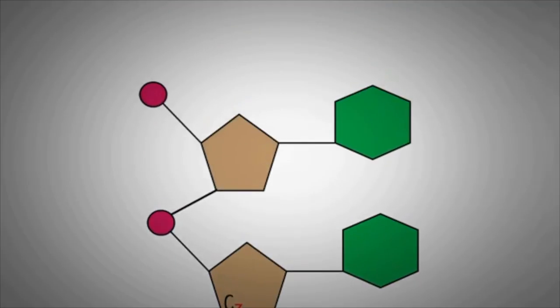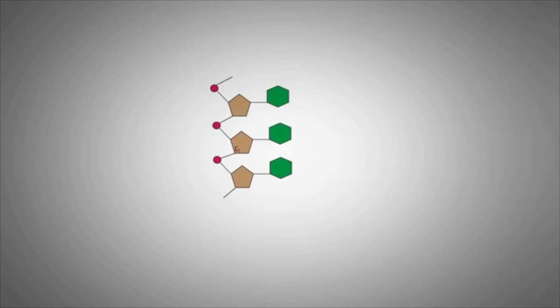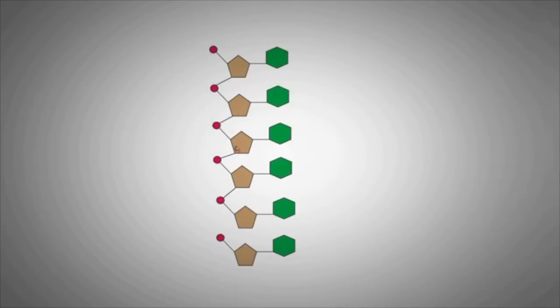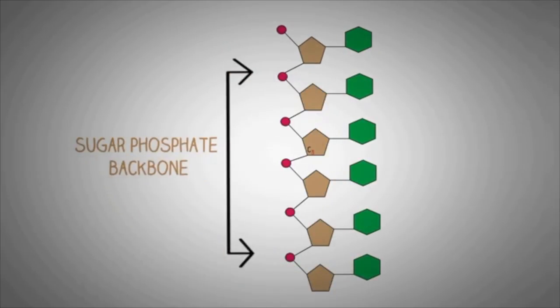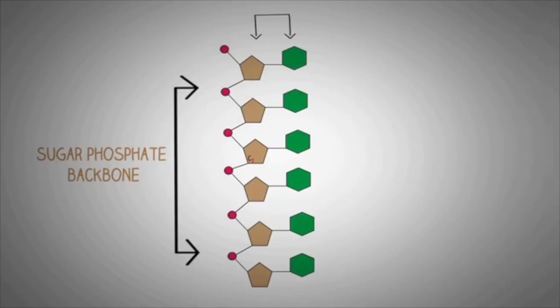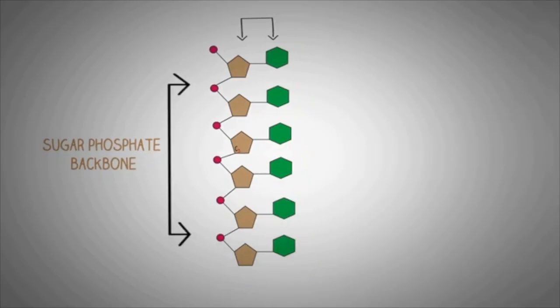So you can see that the phosphate groups form bonds both above and below the chain of these nucleotides. As a result, a long chain of nucleotides is formed, which consists of a sugar phosphate backbone, and in the center we have all these nitrogenous bases which project from the sugar phosphate backbone. Now this can be an example of RNA if the sugar present in this example is a ribose sugar.